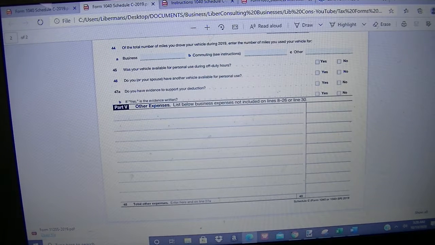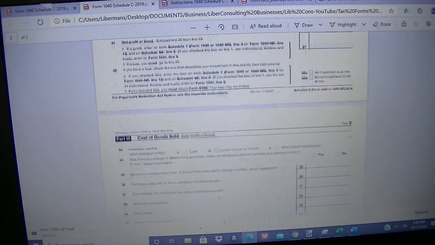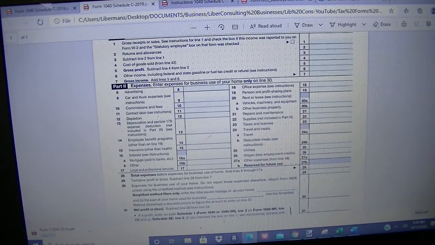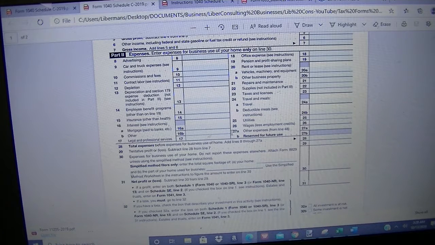So when you scroll up, that line 27A is in the category of expenses. I believe that will be part 2. Yeah, part 2 expenses. So that's line 27A, other expenses from line 48. So that will roll back here.